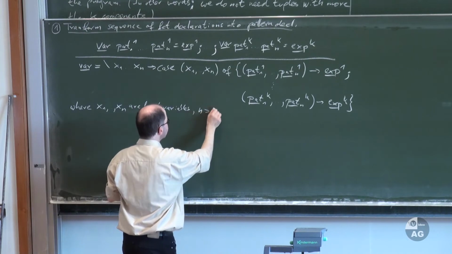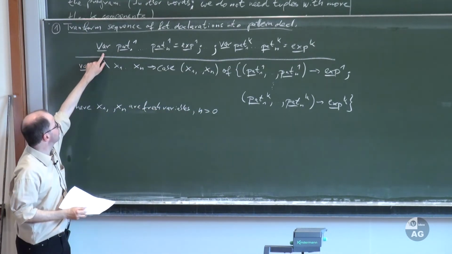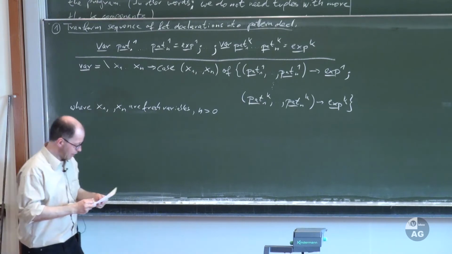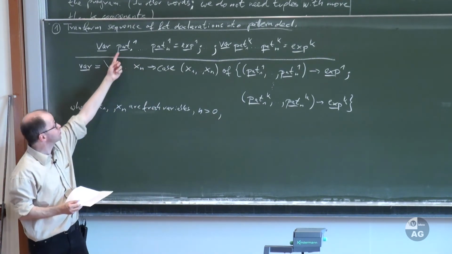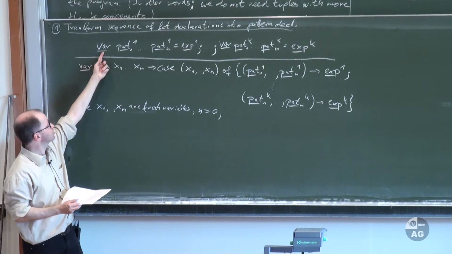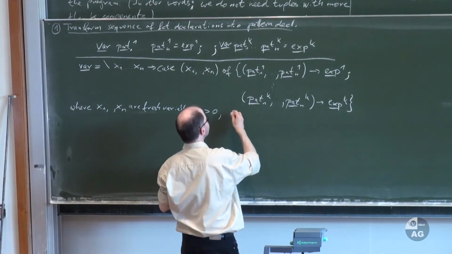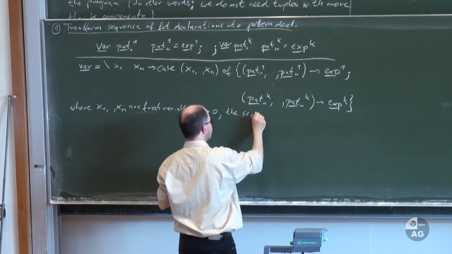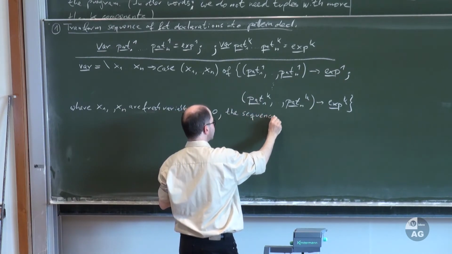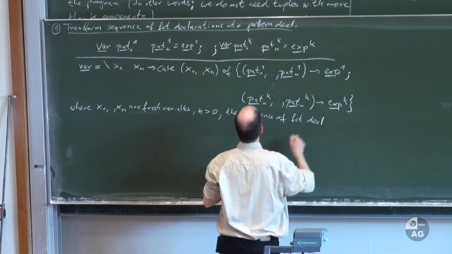n is greater than 0, so we don't do this if this is not really a function taking arguments. And this sequence is maximal. So these are really all the function declarations for this function var. The sequence of function declarations for var is maximal.